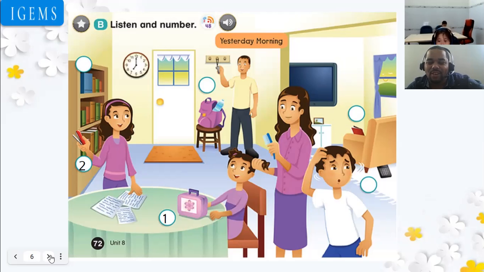Okay, and let's go ahead with number three. What is number three? Water. And what kind of water? Where is the water? What is that specifically? I know it's water, but where is the water?